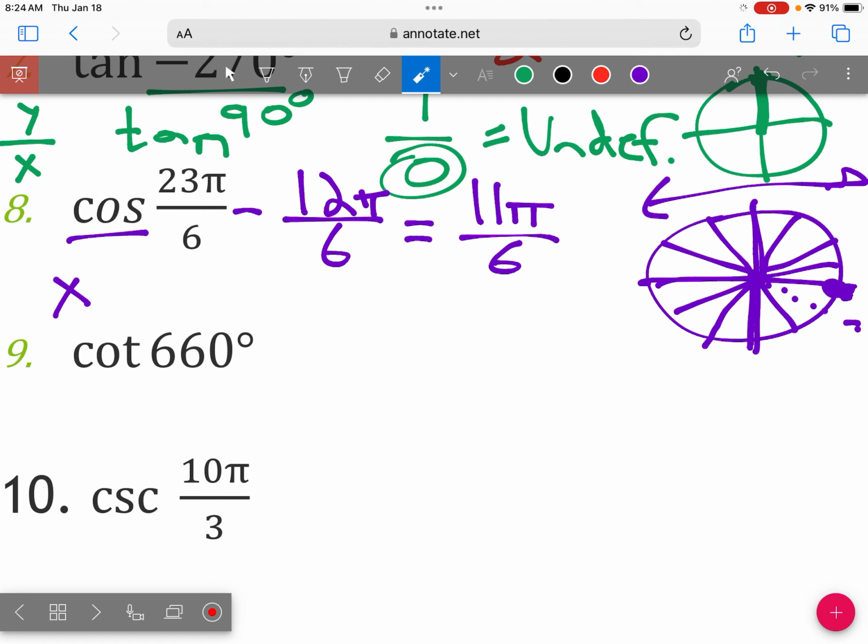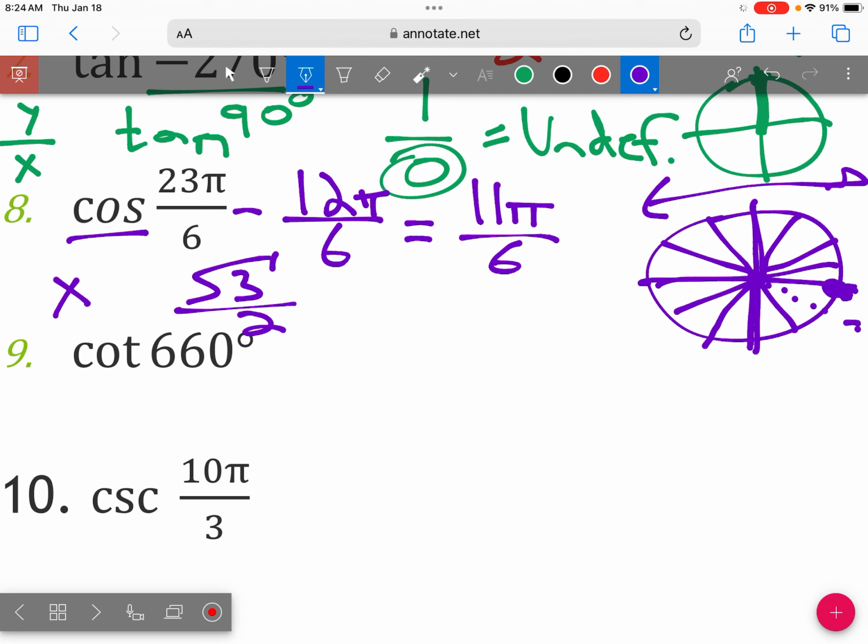So what would cosine of 11 pi over 6 be? Root 3 over 2, exactly. Because our 3 options are 1 over 2, root 2 over 2, and root 3 over 2. And we know it's going to be the biggest option because it's the furthest from the origin, right? So then we're going to get root 3 over 2.